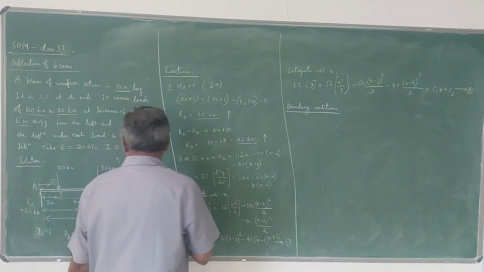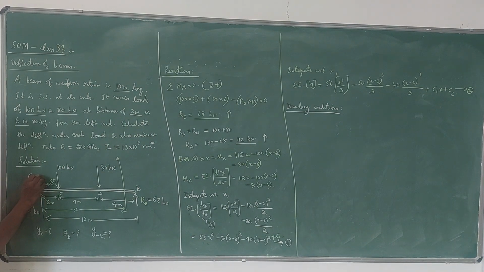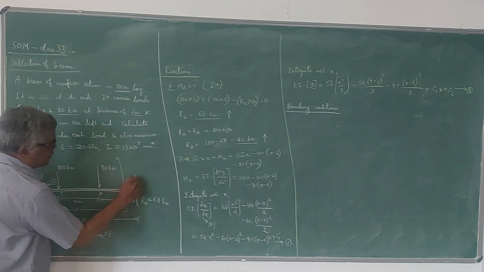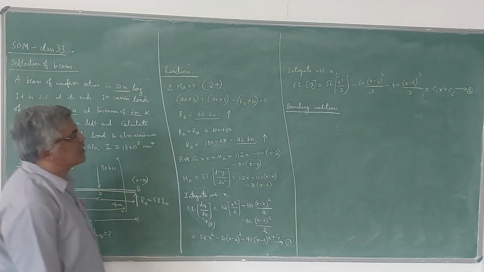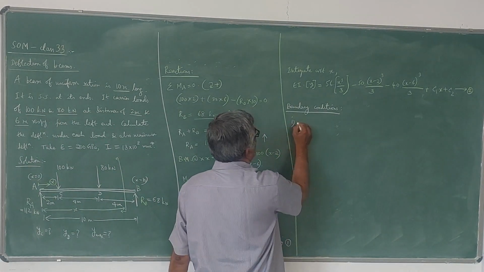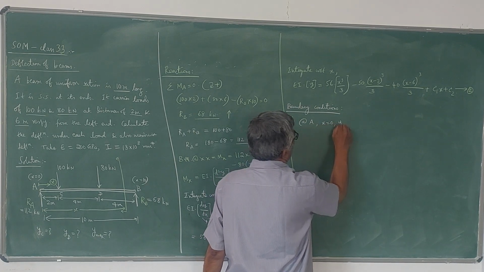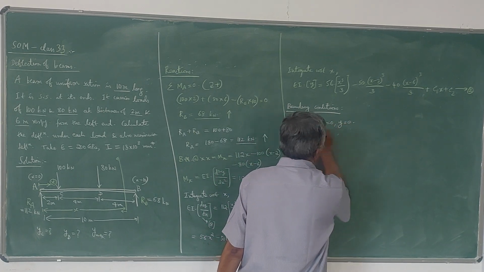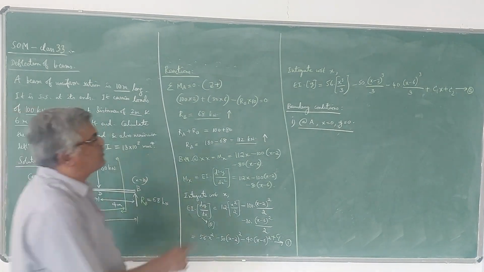There are two supports here, A and B. At A, x is equal to 0 because x is measured from A. At B, x is equal to 10 meters, the total span. The first boundary condition: at A, x is equal to 0, y is equal to 0 because deflection is 0 at the simple support.